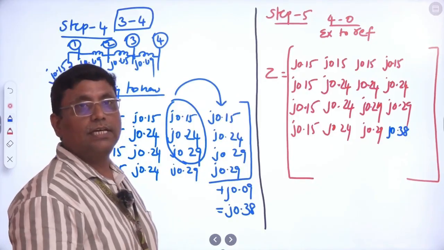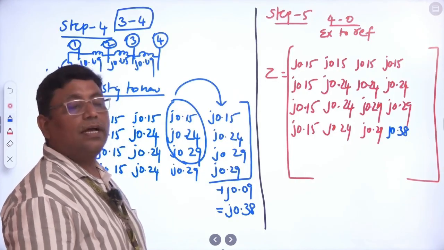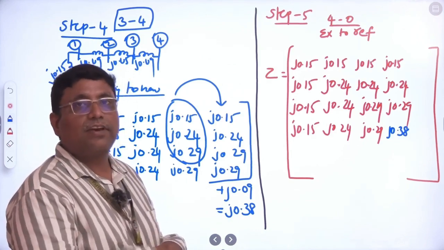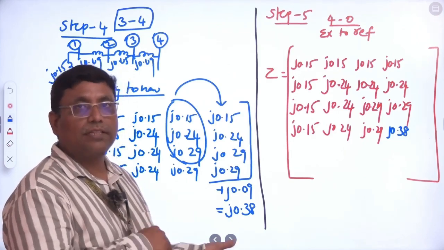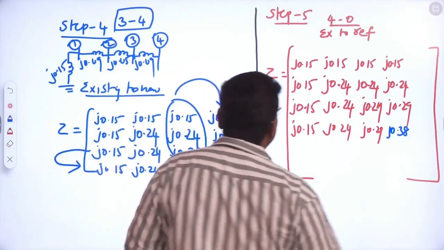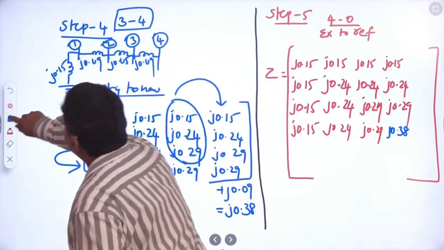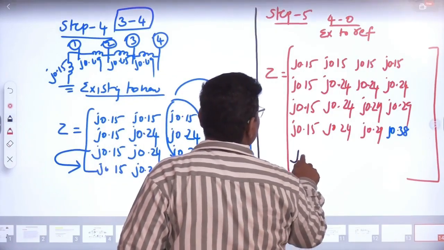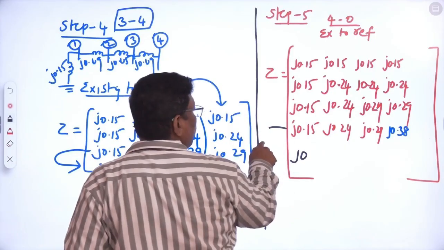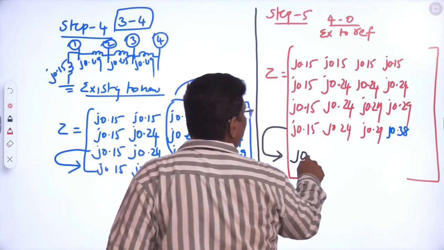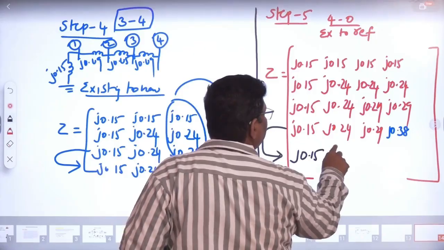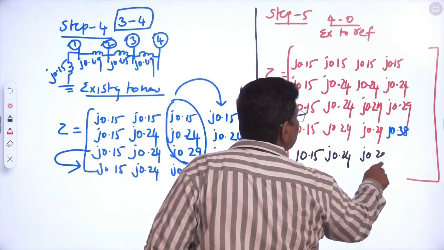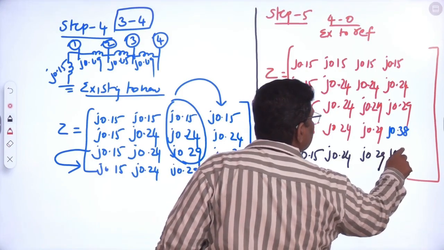Now form the fifth row and fifth column. It is exactly similar to existing to new. The only difference is we are applying a Kron reduction after forming the 5 cross 5 matrix. The fourth row is repeated in the fifth row: 0.15, 0.24, 0.29 and 0.38.